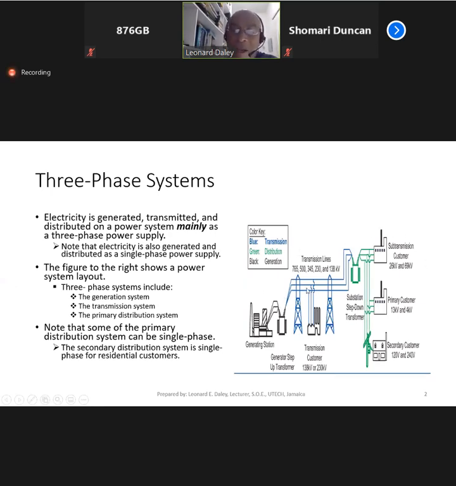And then after a while, I did planning, especially for the distribution system. So I know a little bit about power systems. I'm actually a power system engineer, and I know a little bit about what goes on with all of the different equipment in the power system.